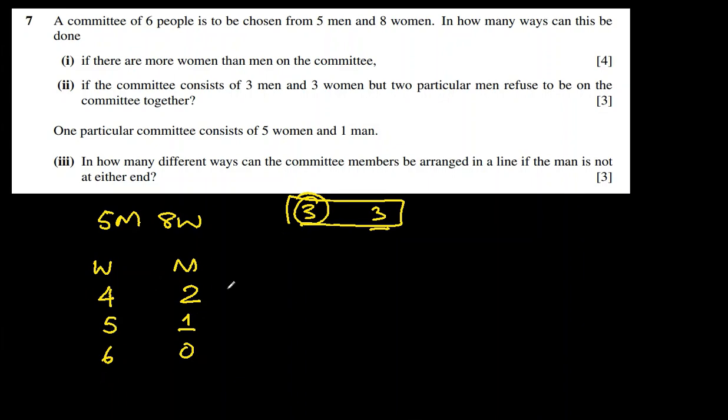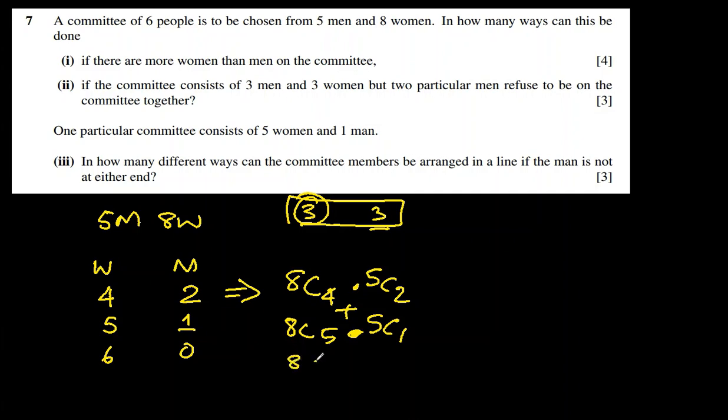And these are the possibilities, so we will interpret them into combinations now. We want to select 4 women out of 8 and 2 men out of 5, or 5 women out of 8 multiplied by only 1 man, and then 6 women out of 8 and no man.